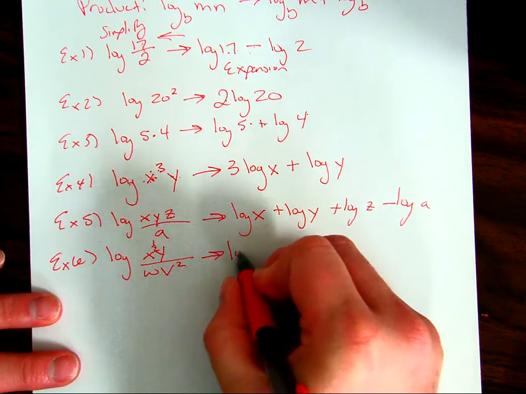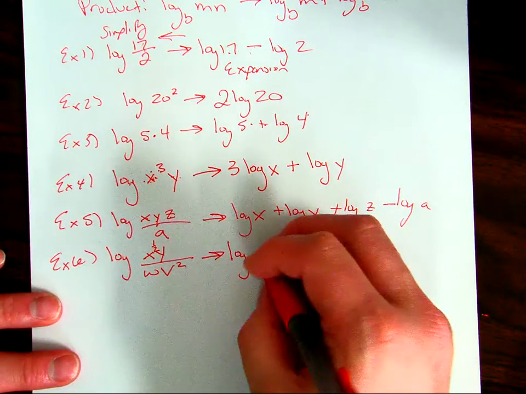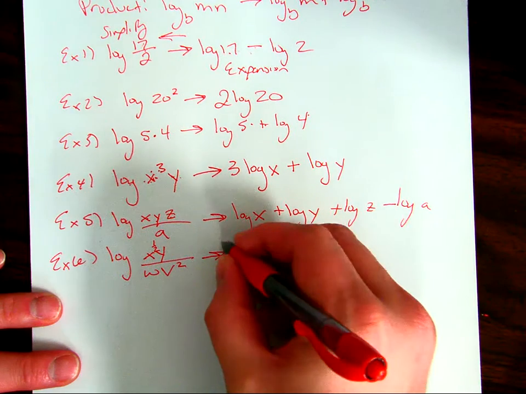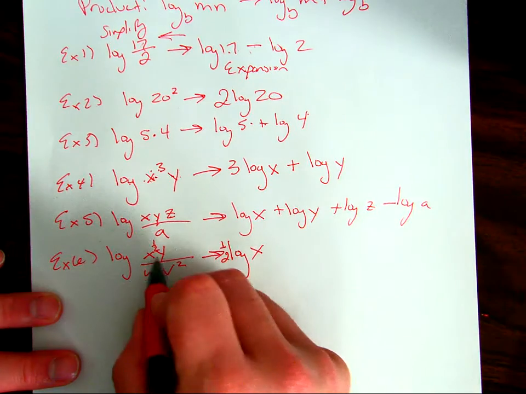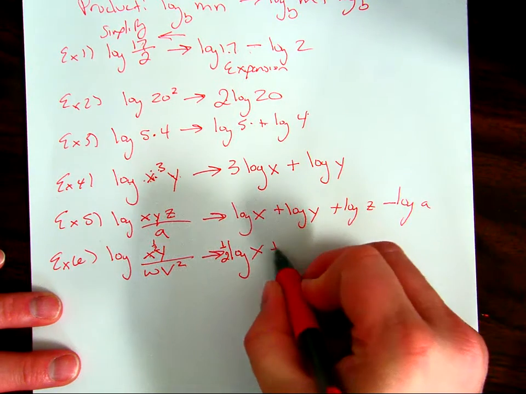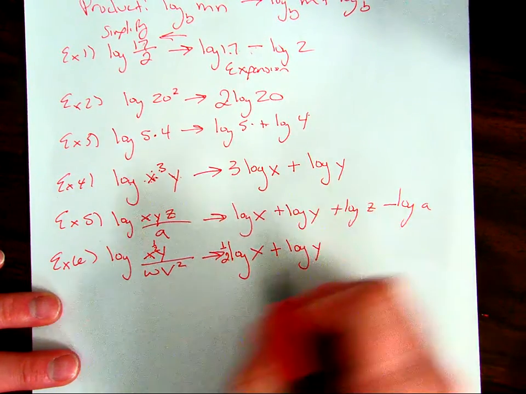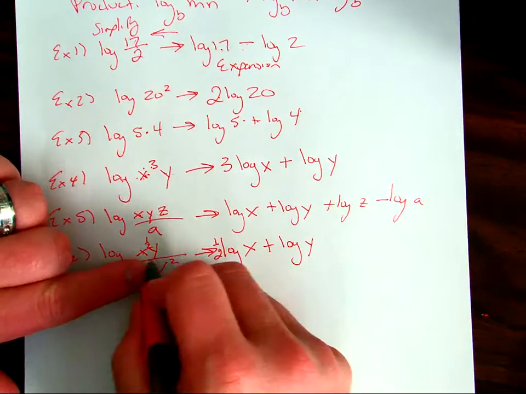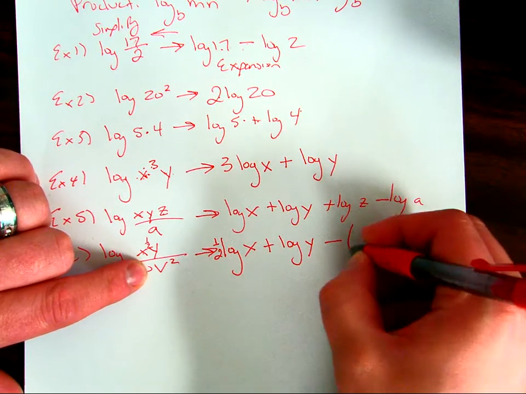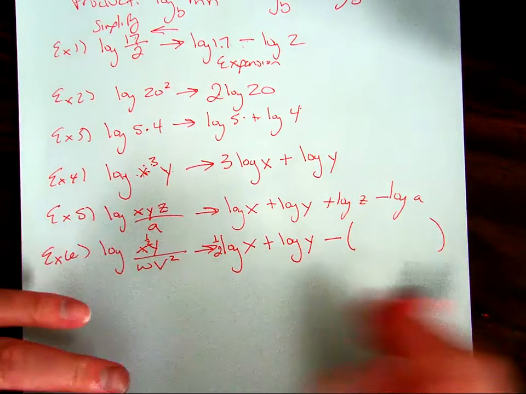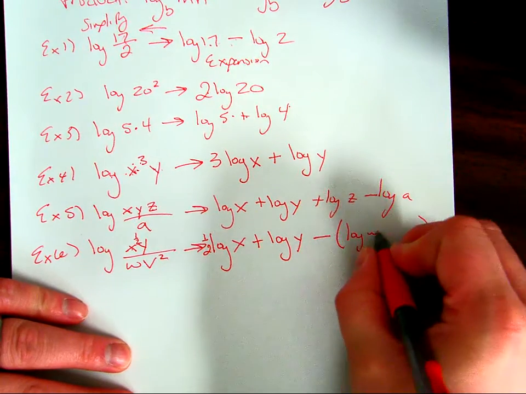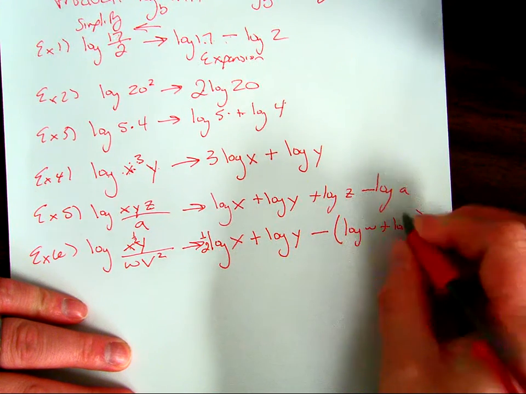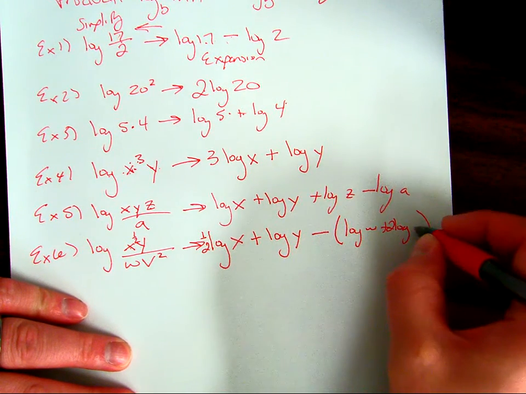So we got the log of, our first one is x, but there's a 1/2 attached, so we got to put the 1/2 in front, and x. Then between x and y, we're multiplying, so that's log of y. Then we have division, so that's minus the quantity, and I'm going to show you something how to make this easier. And that's going to be log w plus log, 2 log of v.